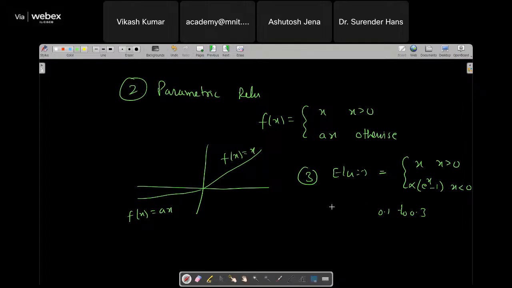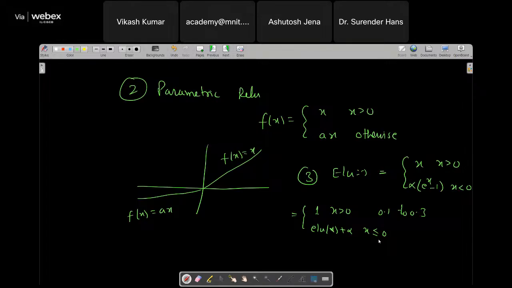The differentiation of ELU is 1 if x is greater than 0, and ELU of x plus alpha if x is less than or equal to 0. This one is always continuous and differentiable. The advantage is that it is close to zero-centered, so because of the zero center, the convergence is faster.